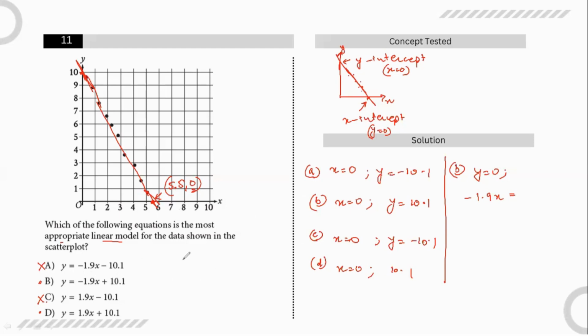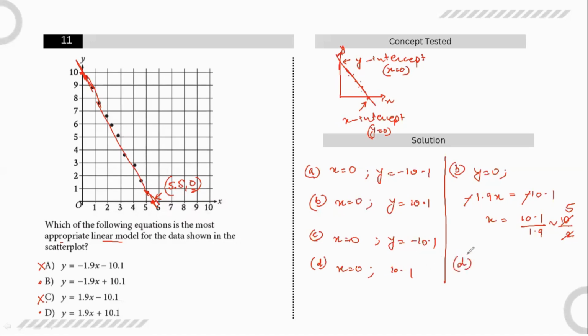Why? Because 10.1 goes on the left-hand side. So it'll be negative 10.1. And x comes out to be 10.1 divided by 1.9. 10.1 is very close to 10, 1.9 very close to 2. So we are getting approximately 5 point something. Yes, we require 5 point something itself. So B is the good one.